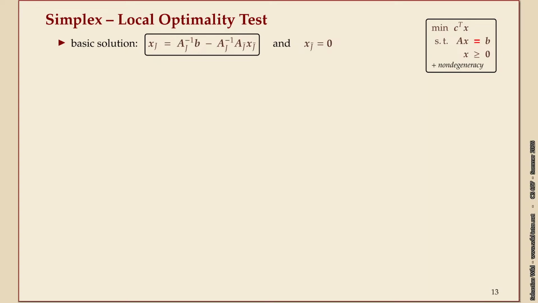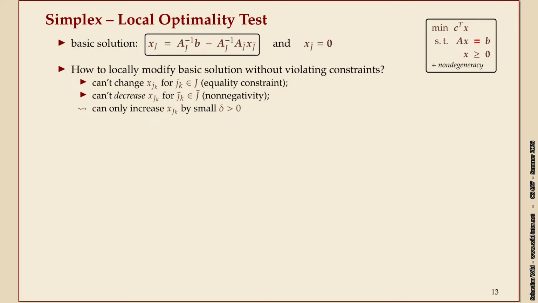And that is easy from where we are now. So we have this basic solution where we think of setting xj bar to 0, so this whole term cancels. Suppose it's feasible, how can we locally modify our solution to improve the objective function? Well, what we cannot do is easy to see.